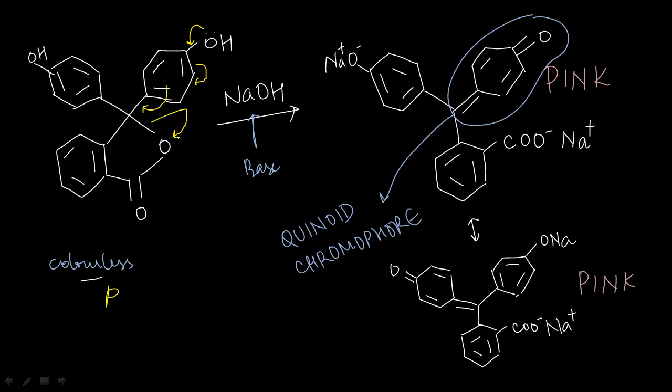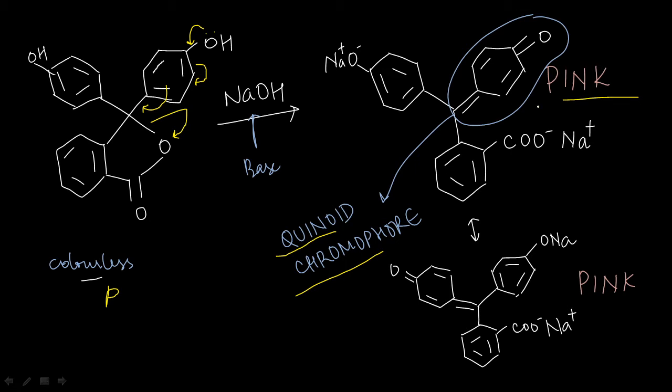So this is how the reorganization takes place in the molecule, and we have a quinoid structure. Okay, quinoid structure, and this is pink in color. Okay, this form is pink in color.